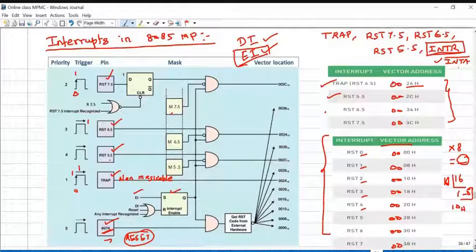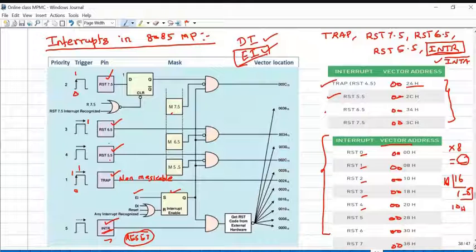Sir, what is the use of the D flip-flop at RST 7.5? Okay. So this is edge triggered. Whichever interrupt is edge triggered, we need one interrupt control flip-flop over there. If it is level triggered, like TRAP, which is non-maskable, there is no issue.